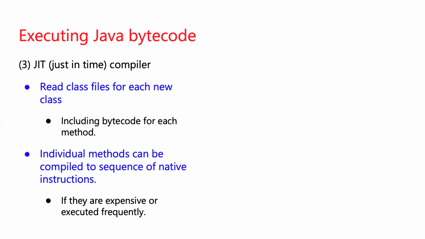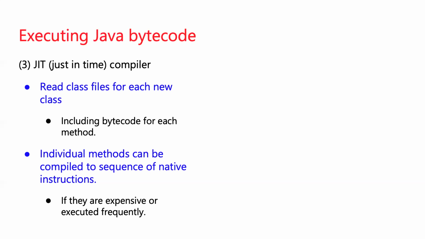So the first time we call a method, there's going to be a little extra work to compile it the rest of the way down to native instructions. But every subsequent execution could be a lot faster. And we could even pick and choose which methods get compiled down to native instructions. Methods that are short and called a whole lot, it makes sense to compile those down to a short sequence of native machine instructions.